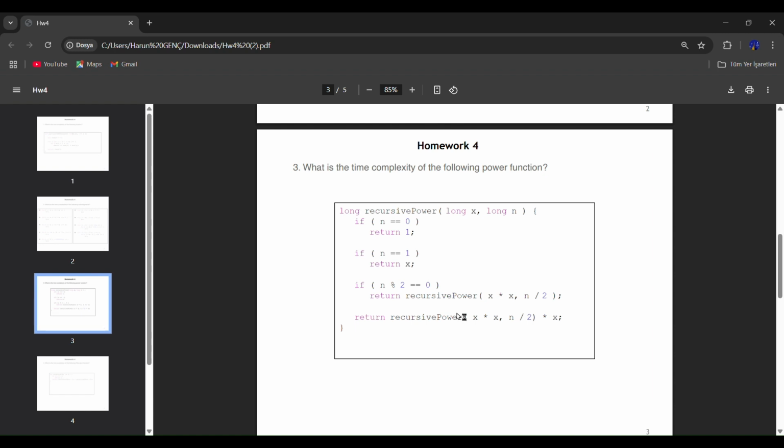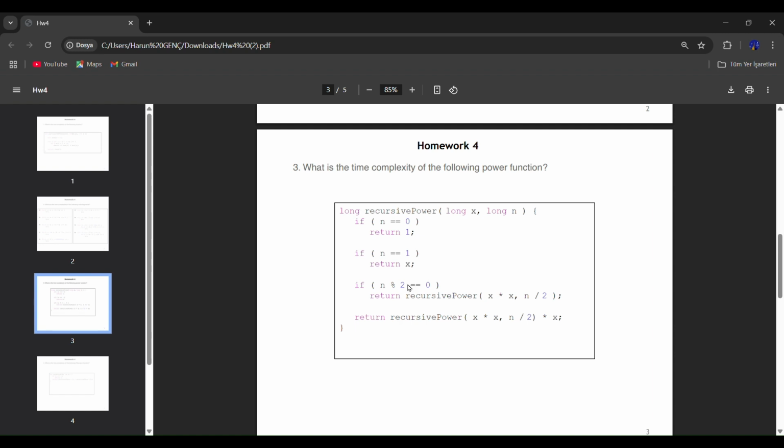Okay, let's analyze the complexity of the code. The function calls itself with parameters, and each recursive call reduces n, so the number of calls can be modeled using recurrence relation analysis.